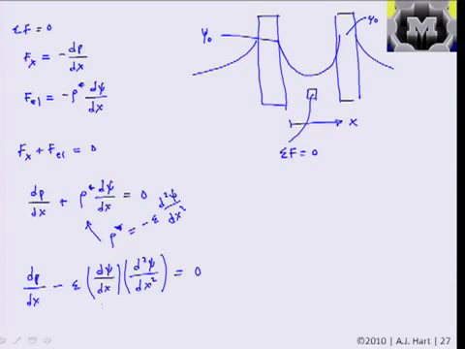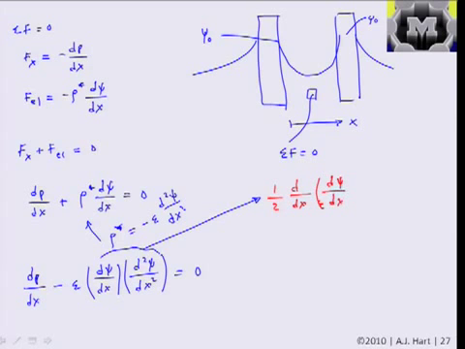And we can take a look at this term here and just write it in a slightly different way. So this term here, the first derivative times the second derivative, is also equal to 1/2 times the first derivative of the first derivative squared.